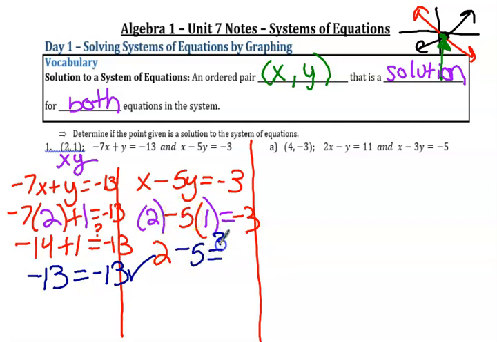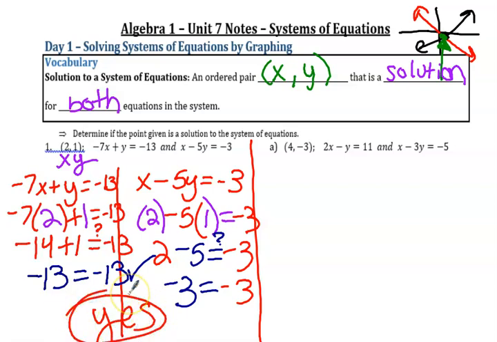Let's see if it equals negative 3. Well, by golly, it does. 2 minus 5 is negative 3, equals negative 3. Yes, this is a solution. What does that mean? That means that this line and this line will cross at this point. So you have to plug it into both of them.